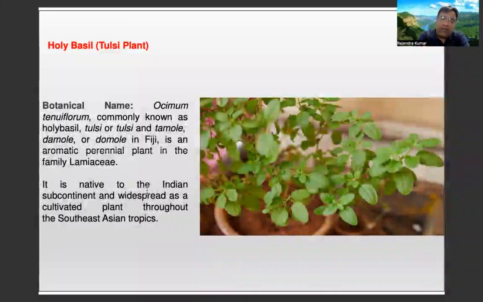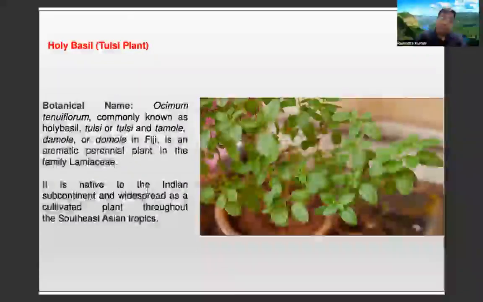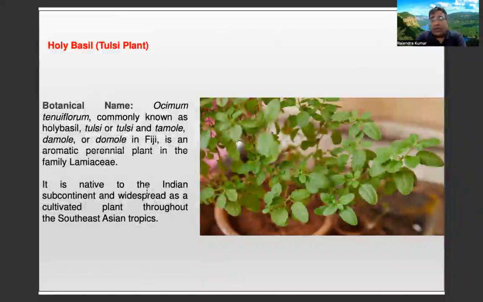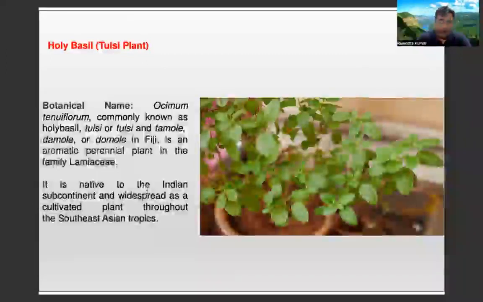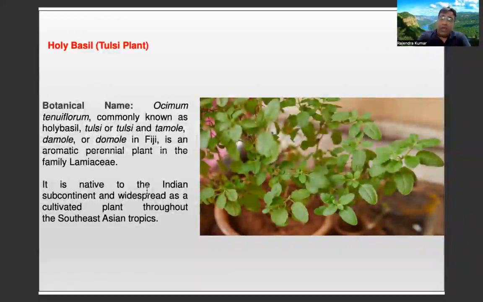It is a native of the Indian subcontinent and widespread as a cultivated plant throughout the Southeast Asian tropics. So this tulsi plant is not only used in India, it is also used in many Asian tropics, and it has a very important place in Hindu mythology. You will not see a house in India without a tulsi plant, especially in Hindu mythology.